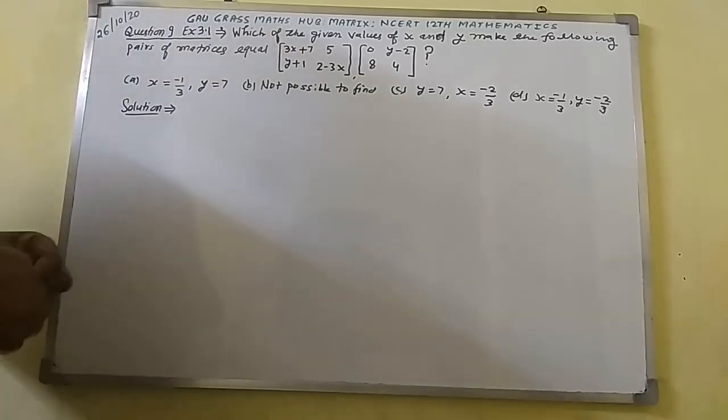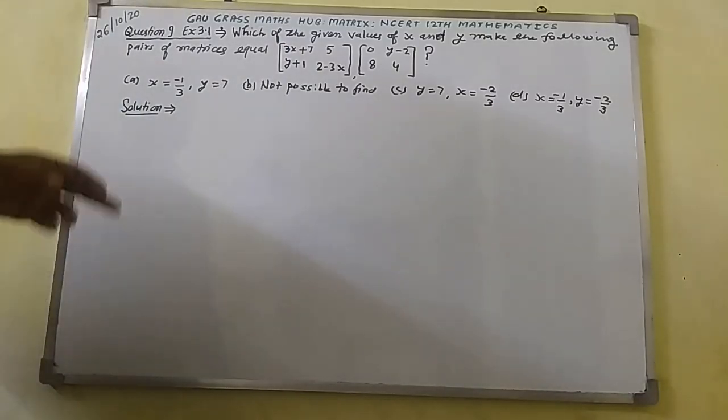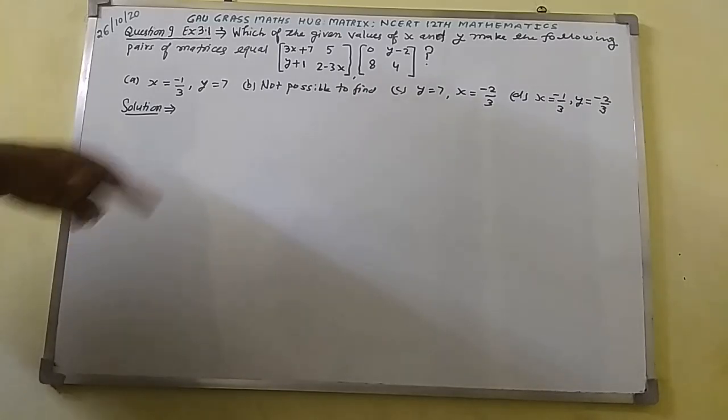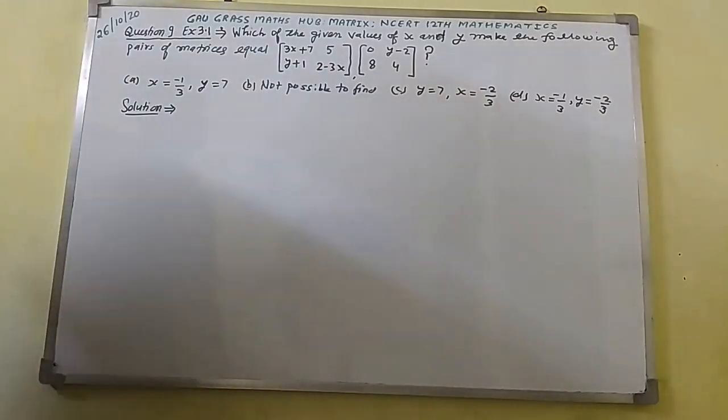Solution implies that here you can see there are 2 matrices available here, this one and this one. These 2 matrices are equal.